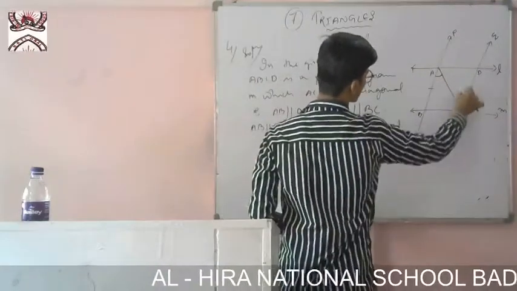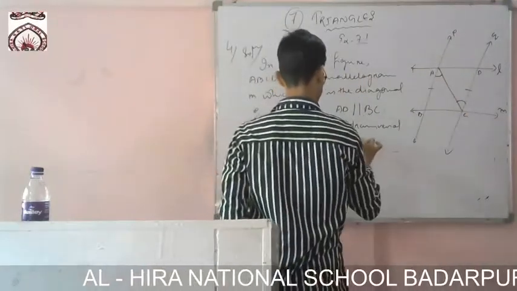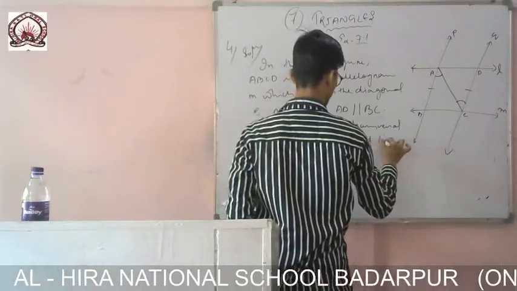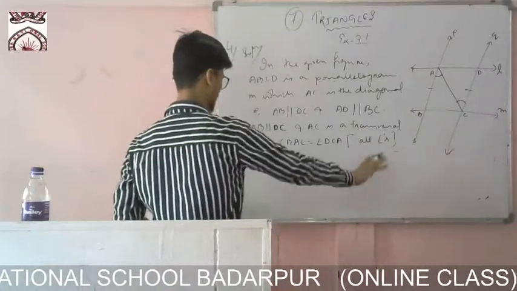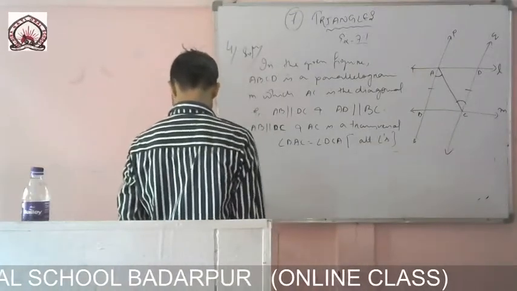BAC will be equal to DCA since alternate interior angles. You write it in full. Okay, I am writing it short, but you write alternate angles in full.